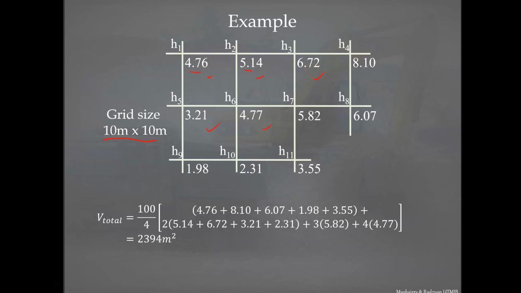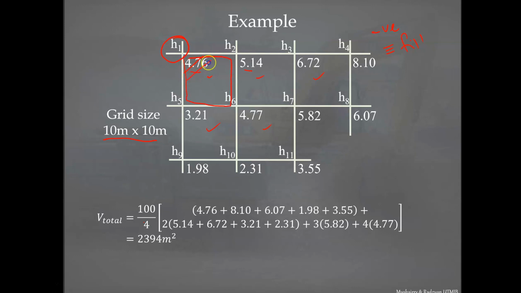By the way, before I forget, if the number here is negative, that means it's a fill. In this case, all are positive, so it's a cut. Alright, so if you use that general formula, the area is 100 over 4. Now, the h that we're going to use once is going to be h1. We're going to use that when we calculate that figure there.